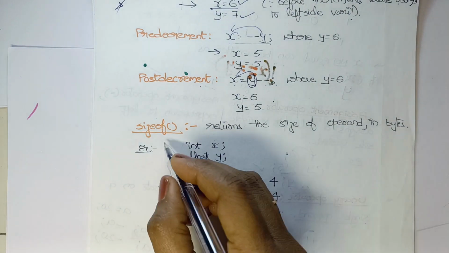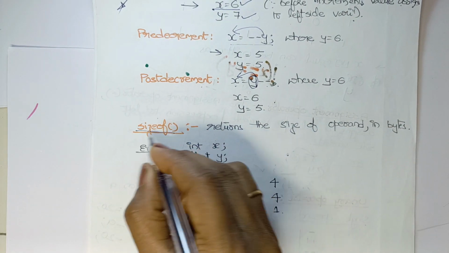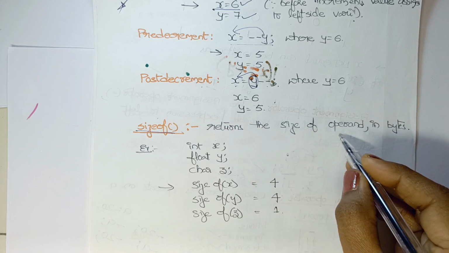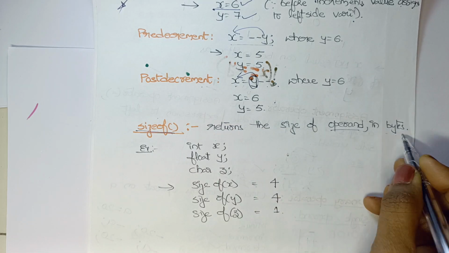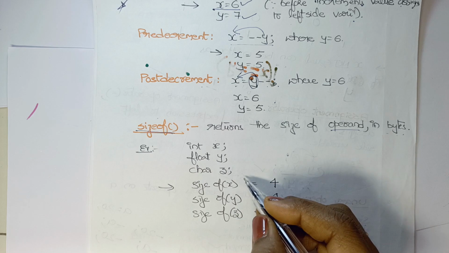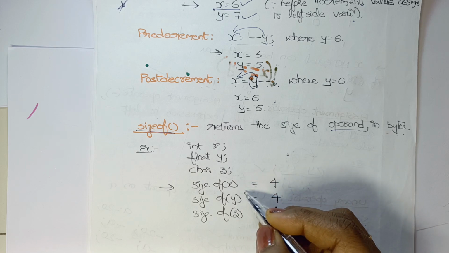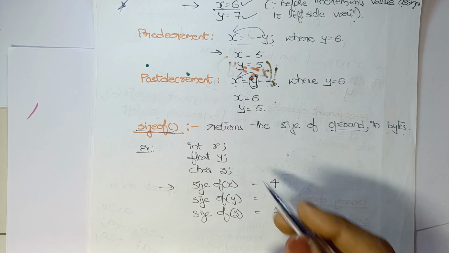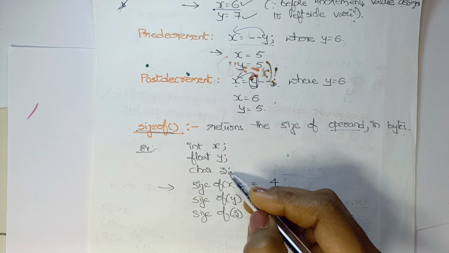Next, sizeof is also a unary operator. It returns the size of the operand in bytes. These sizes depend upon the compiler. For example, I have taken int x, float y, char z.